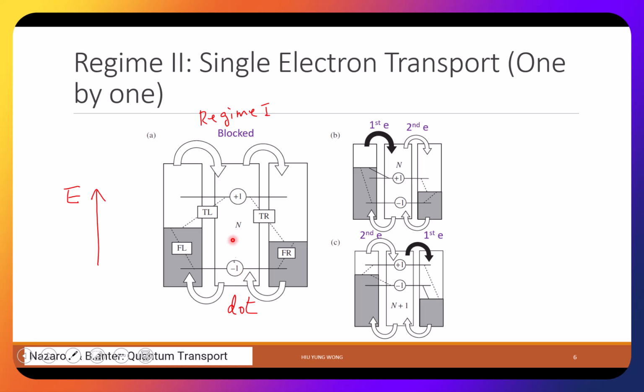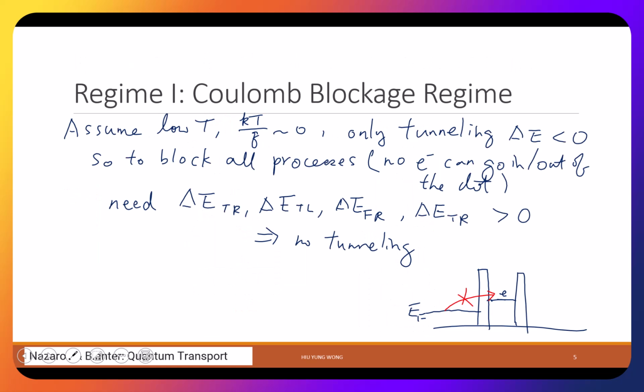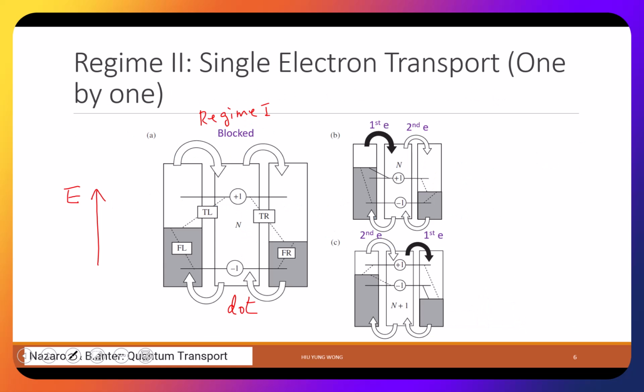So here say that I start with n. I can become n minus 1, or I can become n plus 1. If you want to be n plus 1, then because of the charging effect, your energy becomes this.